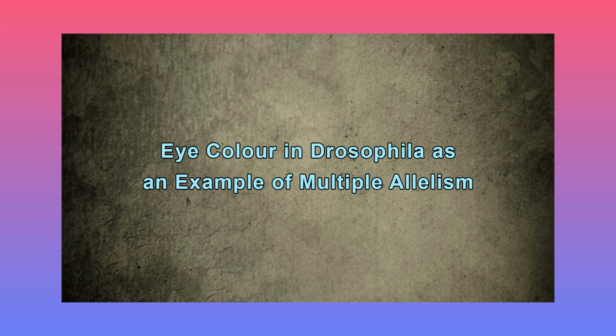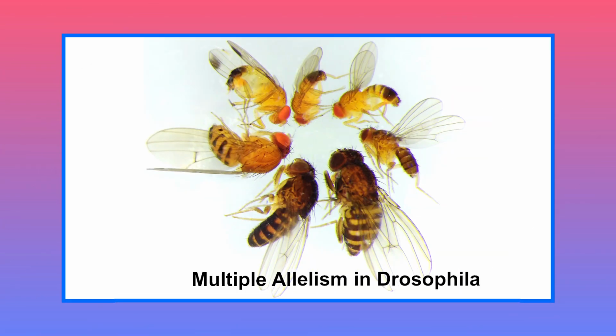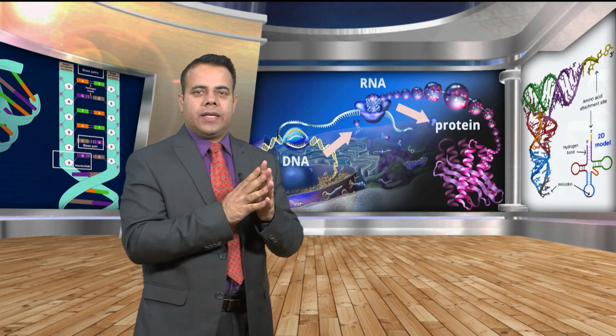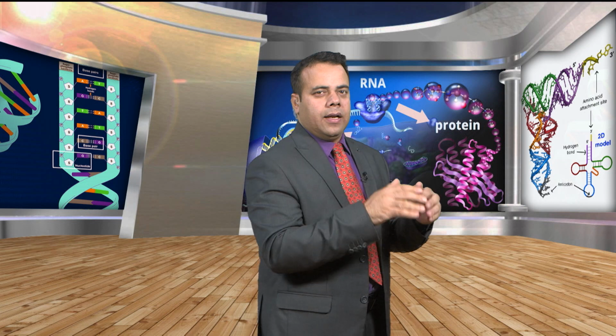Dear students, let us discuss the eye color in Drosophila as an example of multiple allelism. The eye color in Drosophila, that is the fruit fly Drosophila melanogaster, is another trait that is determined by multiple alleles. In Drosophila, eye color is controlled by 15 alleles. The wild type or normal allele is W plus, which produces red eye color and is dominant over all other alleles.